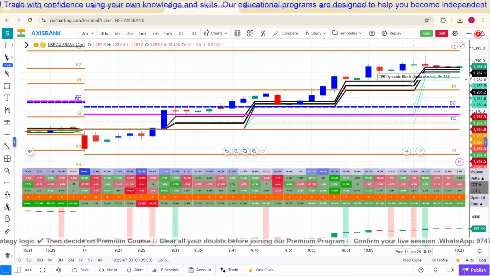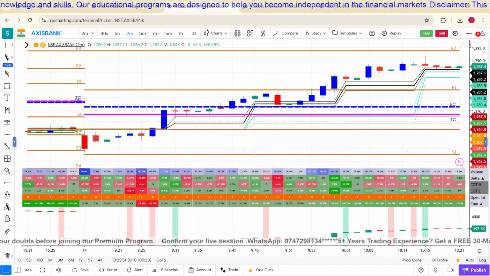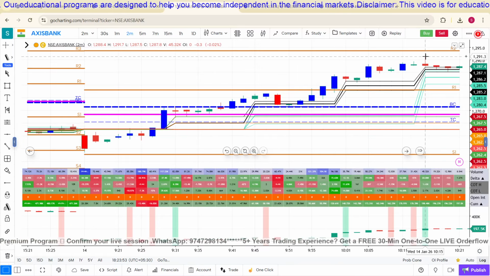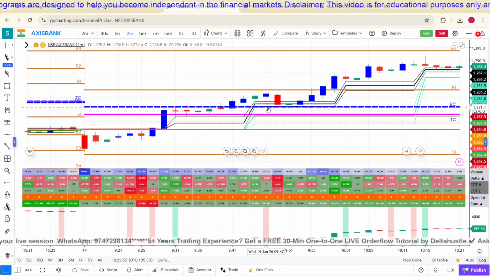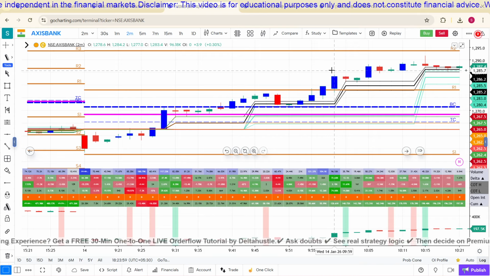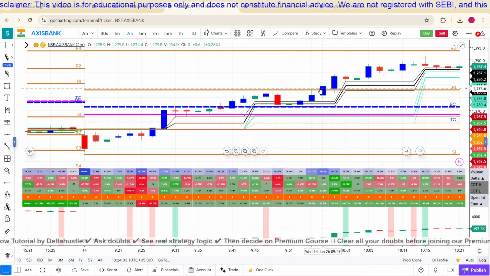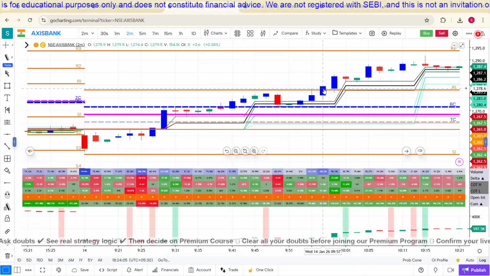It has gone up, and our target is R2. R1 broken, R2 is the target. Exactly, it came here. A CPR price volatility range is a very good range. It has broken the pivot, and R1 has broken here.